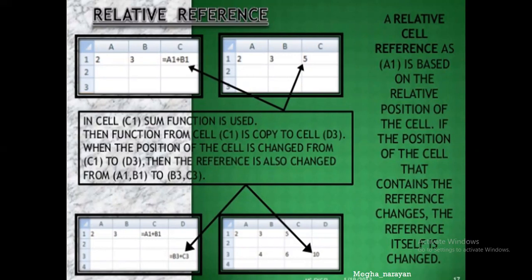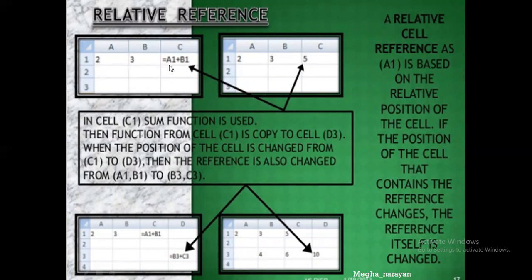Relative referencing is actually the default referencing. By default in MS Excel, you will find this referencing only. In order to understand it, just look onto this screen, the MS Excel screenshot that you can see now. Look here. A1 has value 2. B1 has value 3.